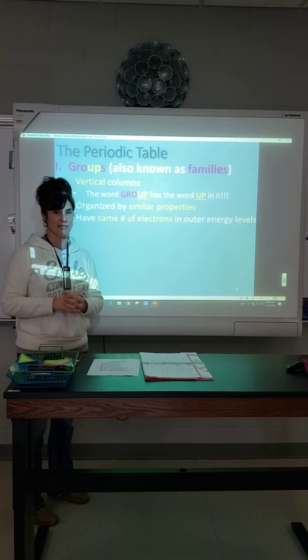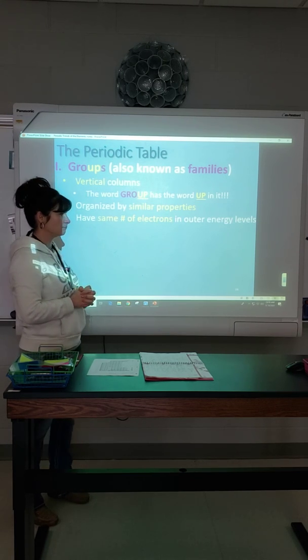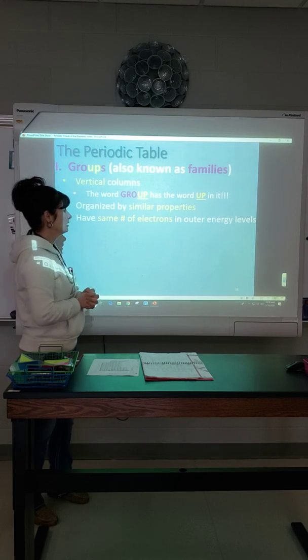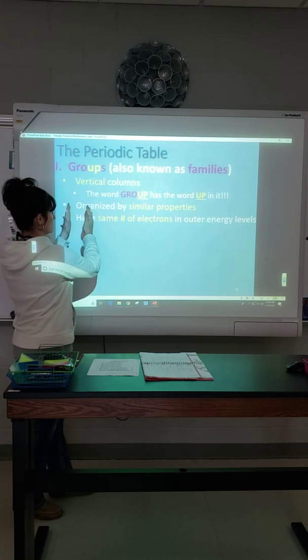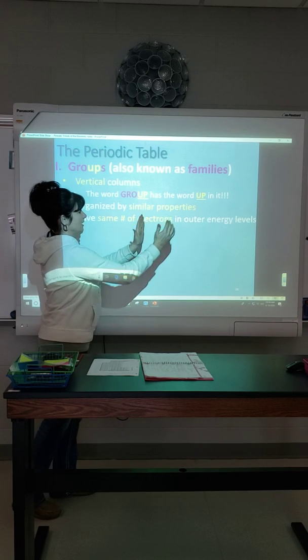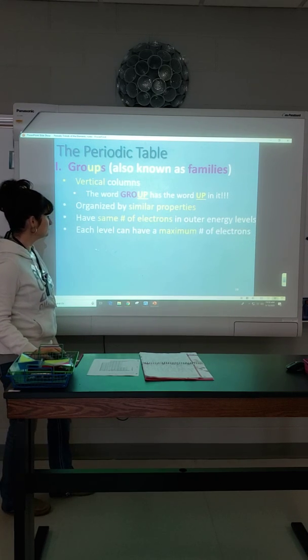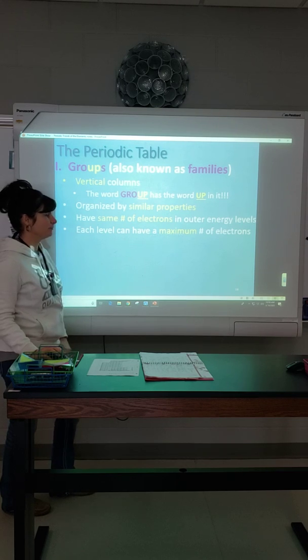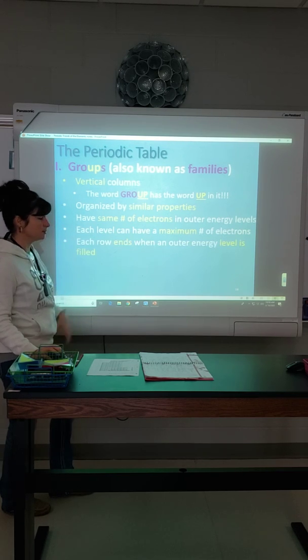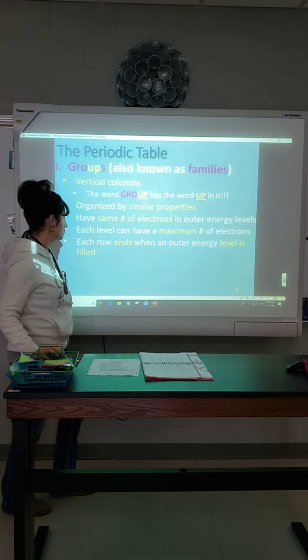We'll get to that idea next week or maybe the end of this week. These are organized by the number of electrons in that outer energy level, and each level can have a maximum number of electrons. This will make more sense as we start looking at some examples.